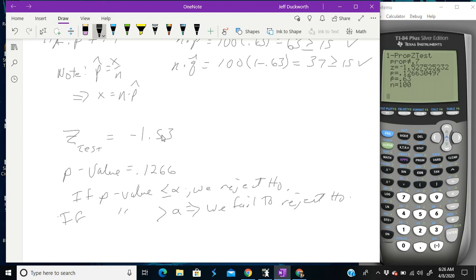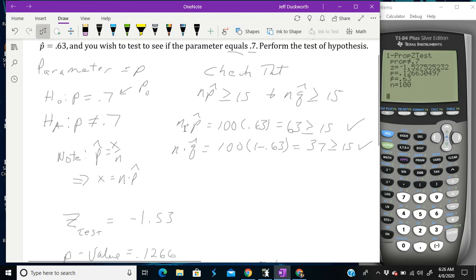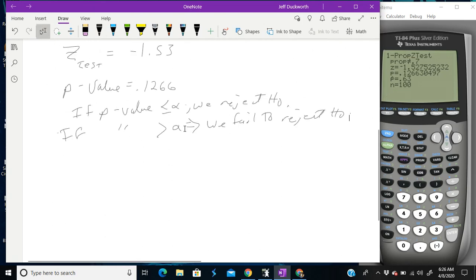All right, so we haven't been given a level of alpha. We can scroll up, we haven't been given what it is. A default alpha that we typically use is 0.05. So that would be 95% confidence, but we'll just assume alpha is 0.05. This is less than our p-value, which is 0.1266.